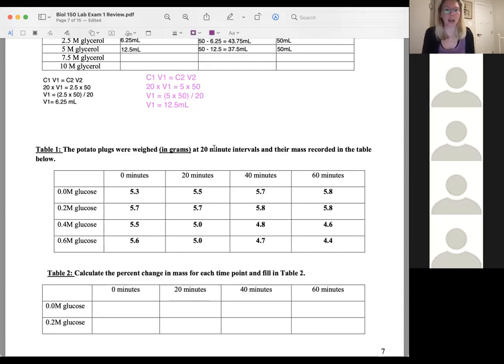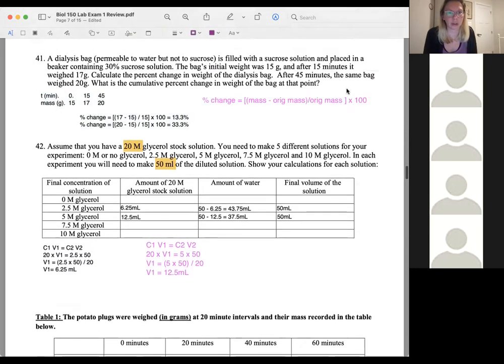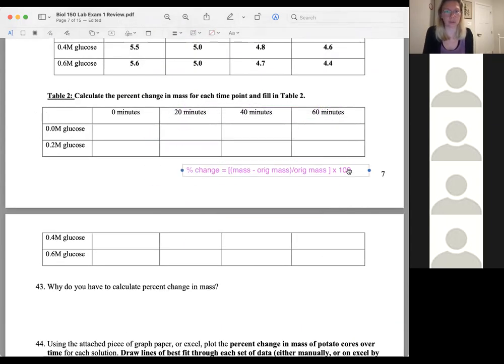That percent change is the same formula that we used up here, right? So percent change is the mass at some time point minus the original mass, divided by original mass, times 100. So let me make a copy of that box and I'll move it down here.